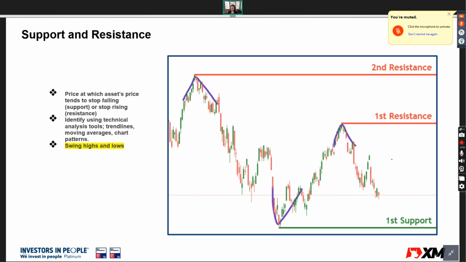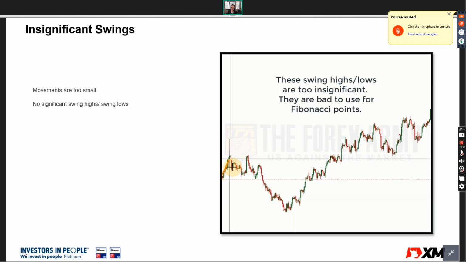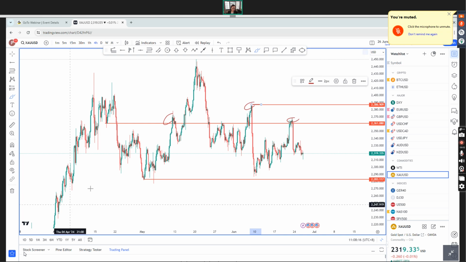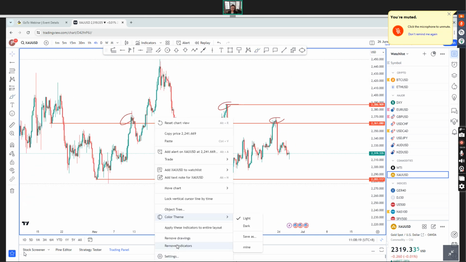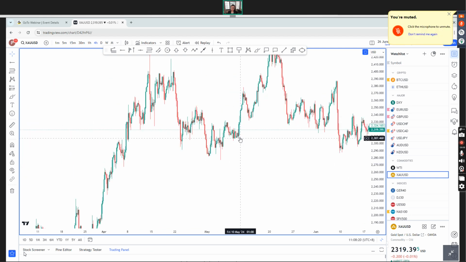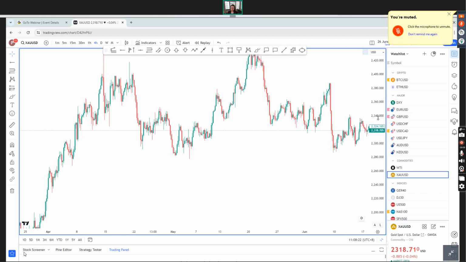For resistance, the second resistance, we already know that. And insignificant ones: of course, if you look at the chart, you cannot identify every swing.